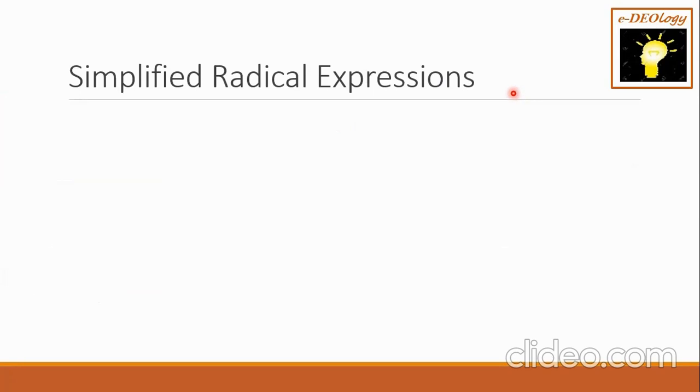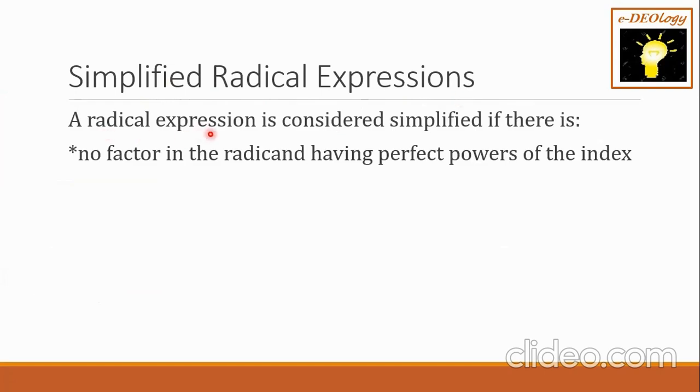First, let us define simplified radical expressions. A radical expression is considered simplified if there is, number one, no factor in the radicand having perfect powers of the index. Example here is square root of 20.